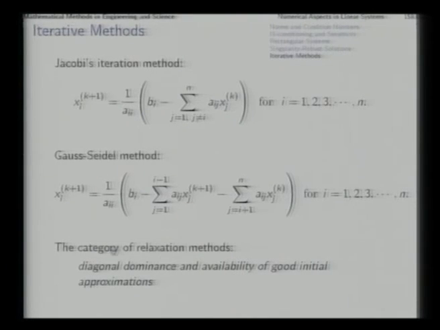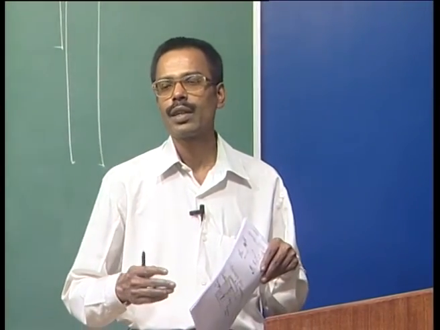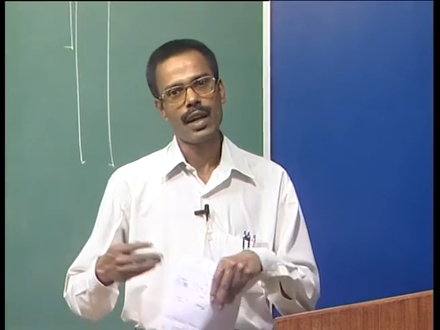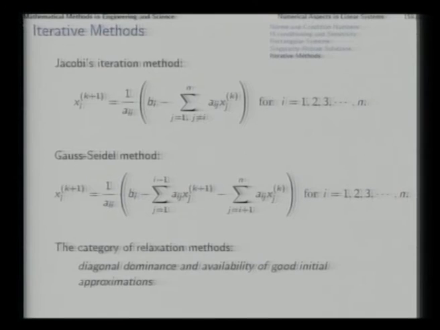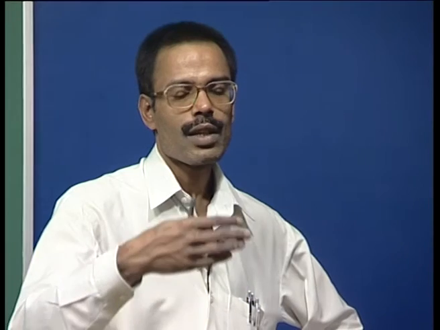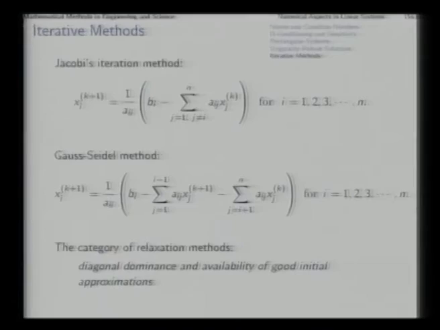These methods work very well when good initial approximations are available, a situation which quite often happens in solutions involving linear equations that arise from differential equations. Therefore, the Gauss-Seidel and Jacobi's methods are quite often used in methods for solution of differential equations, and these methods in general are called relaxation based methods.